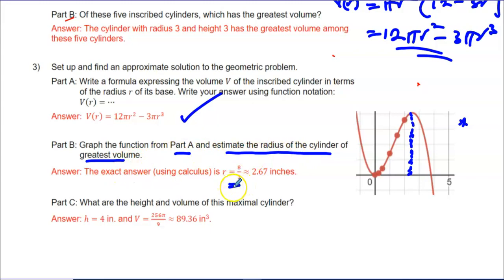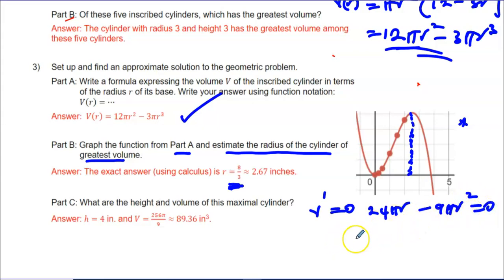So now, using calculus, we know that for the maximum, dV/dr should be equal to 0. And when we differentiate this, we are going to get 24 pi r minus 9 pi r squared is equal to 0.